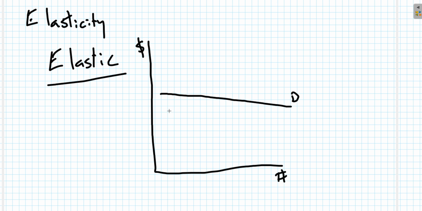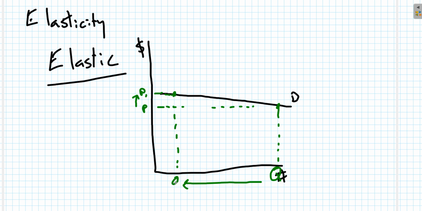So the difference here is we know that if we start with a low price, so let's put the price here, and it comes across right about there. And we raise the price, all the way to here. We have a new price, P1. The quantity people wanted changed a lot.